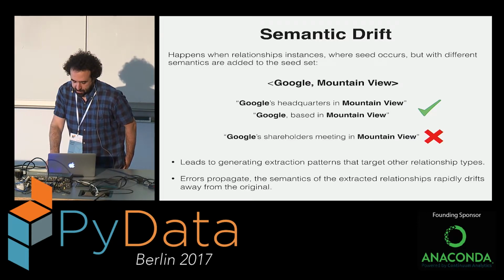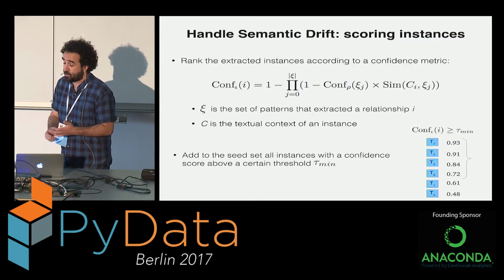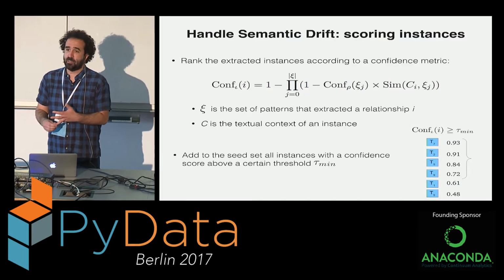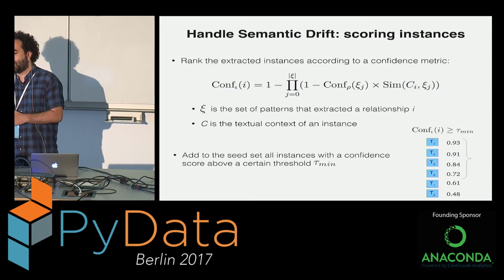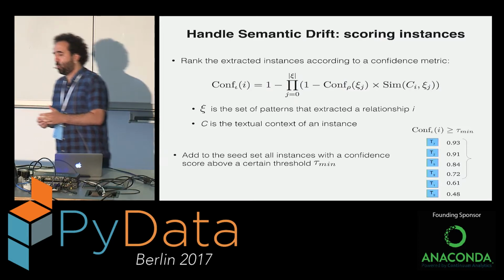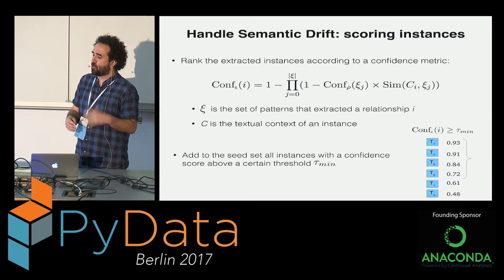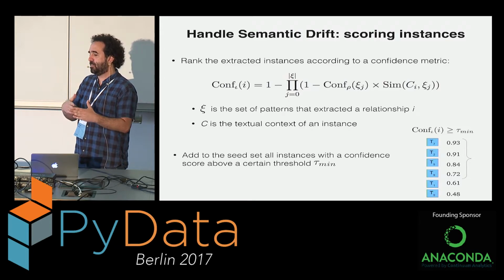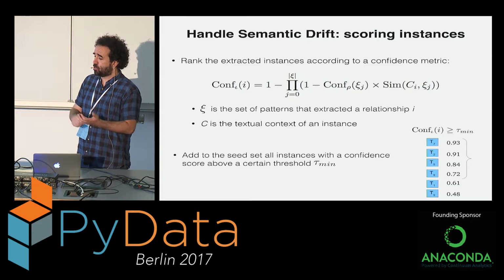So in the slides before, I said that for each instance that you extract, you keep track of which patterns extracted it and what the similarity score was. So at the end, you just apply this formula, which is a weighted measure between the confidence of the pattern and the similarity that that pattern had with the instance, to score the instances.